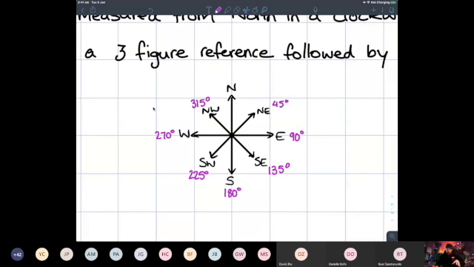Not super important that you commit them to memory, but it is amazing how often 135, 225, and 315 degrees appear in questions. If I just look at northwest and southwest, the difference between 315 degrees and 225 degrees is 90 degrees.